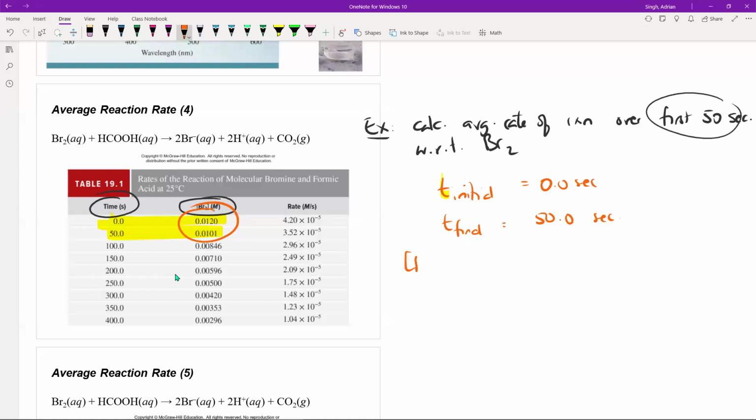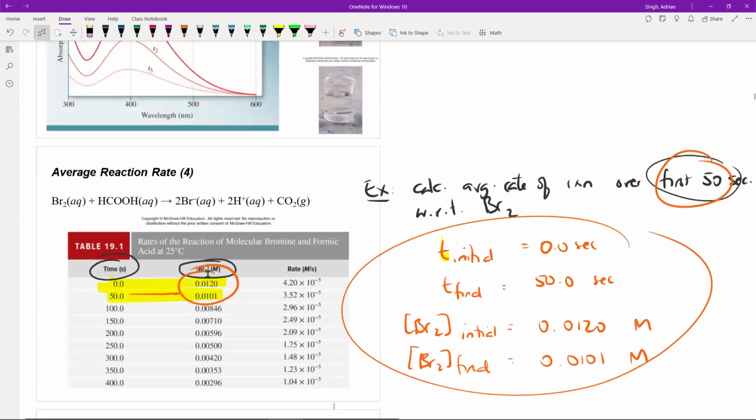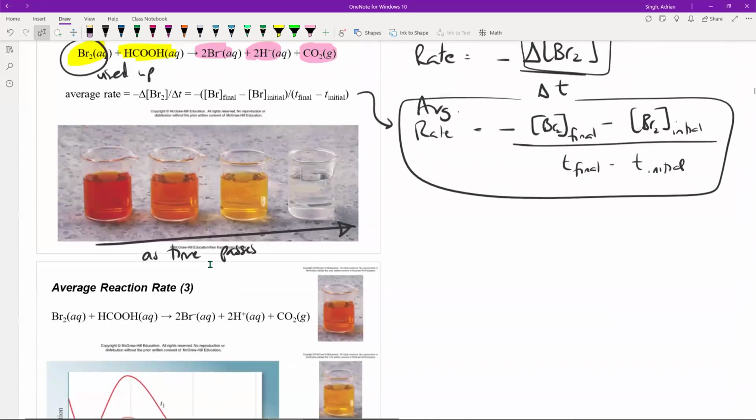The concentration of Br2 initially is 0.0120 molar, and then the concentration of bromine at the end, after 50 seconds, just over the first 50 seconds, I match that up, and that's 0.0101 molar.